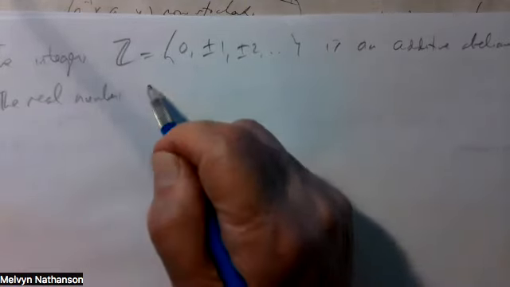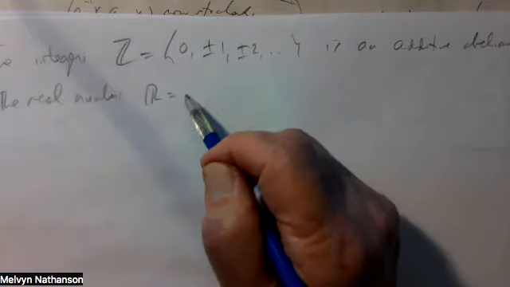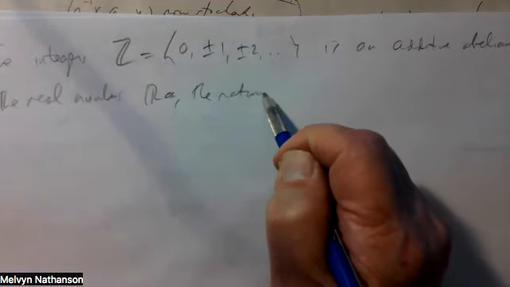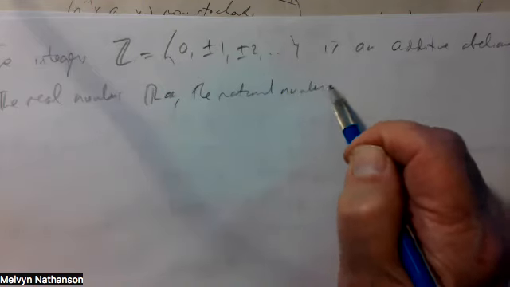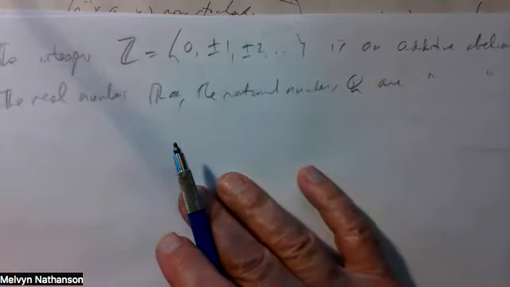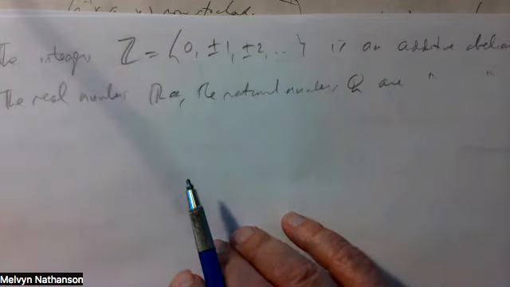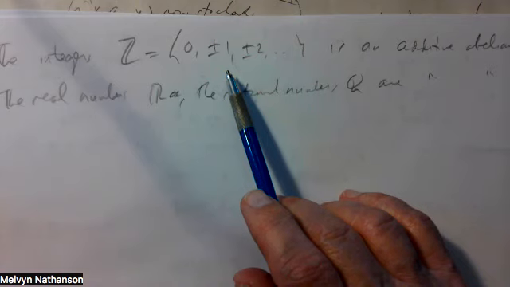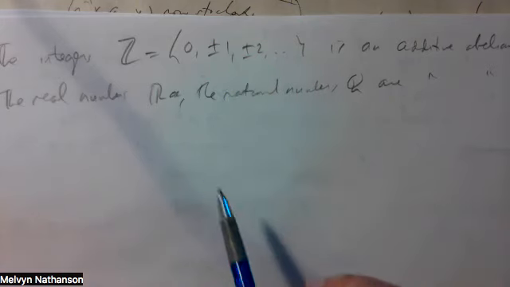The real numbers are. And the rational numbers, Q, which are fractions, are also additive abelian groups, and the complex numbers. Now, with the integers, you can not only add them, you can multiply them, but under multiplication, they do not form a group.